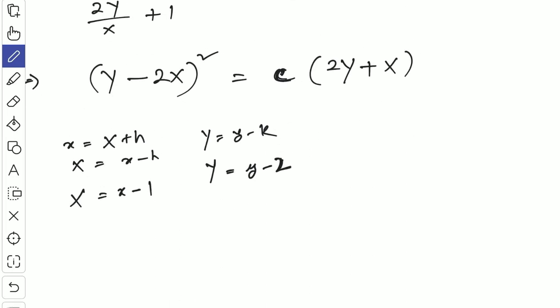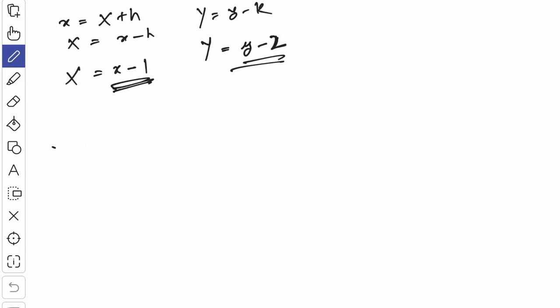So if you replace this capital Y and capital X using these two values, then what will you get? We will get y minus 2.